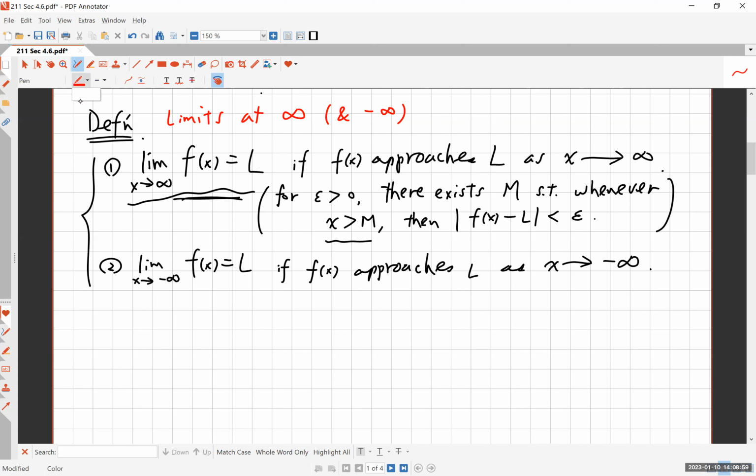Makes sense, right? Even though x never actually reaches infinity or negative infinity, because clearly these are not numbers, right?